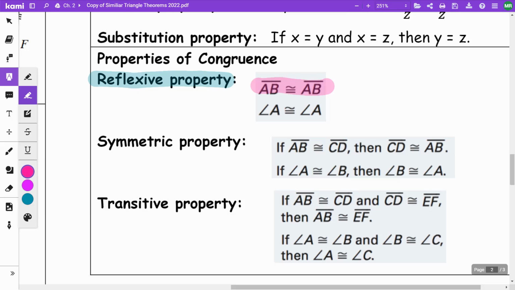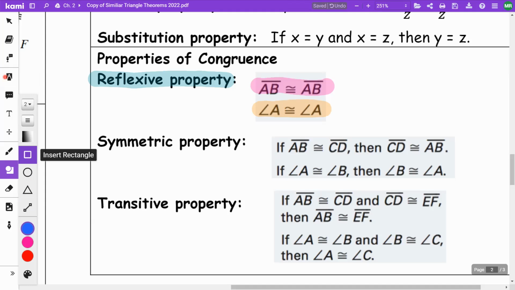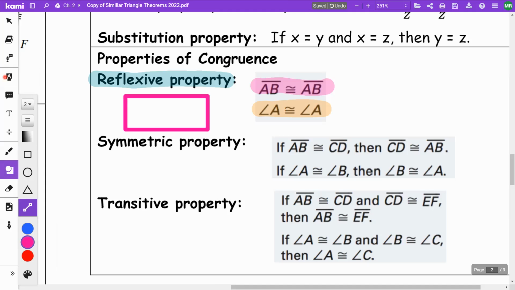And so if I'm talking about the angles being the same, I'm going to draw a picture of both of these situations. So for the one with the sides being congruent, if I was to draw a rectangle, for example, and I was to connect it with a diagonal, I have two triangles.